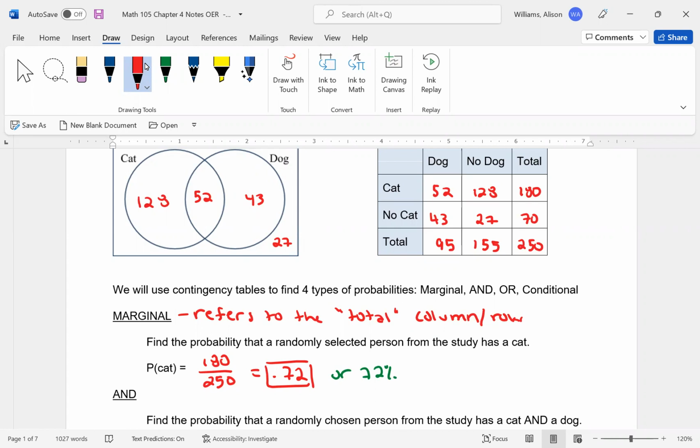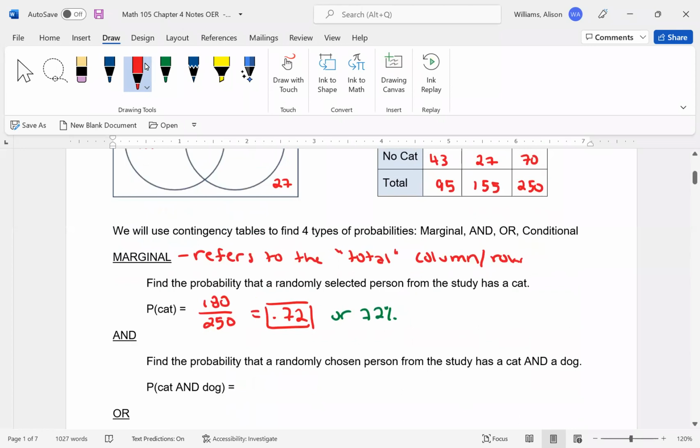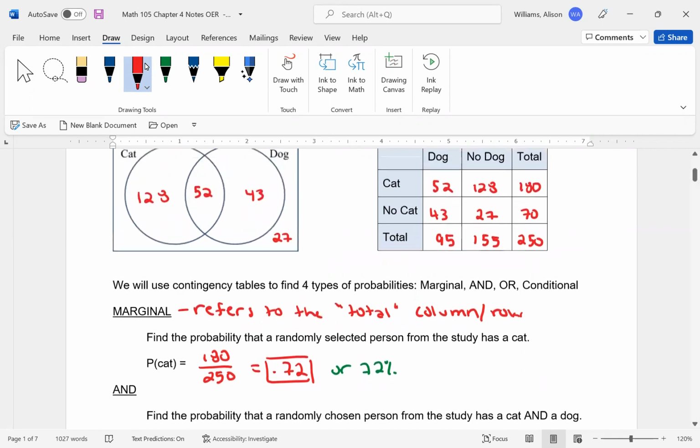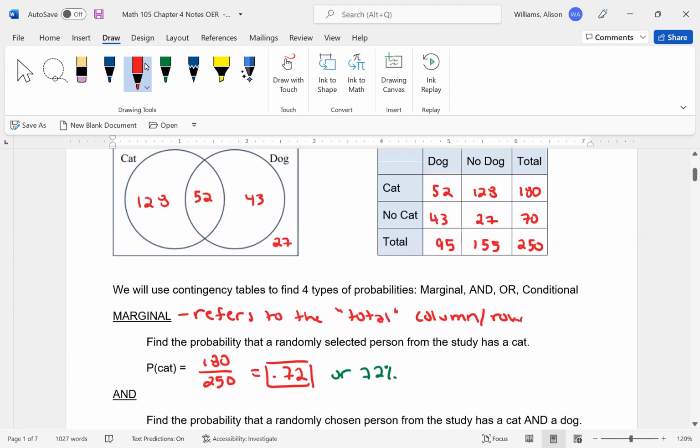Okay, so now, and probabilities are exactly as you would think: situations combined into one scenario. So find the probability that a randomly chosen person from the study has a cat and a dog. When I look at the table, I happen to know that people with a cat and a dog number 52.